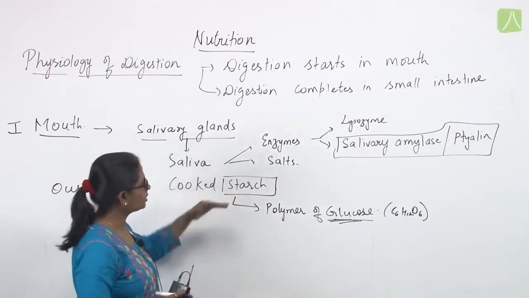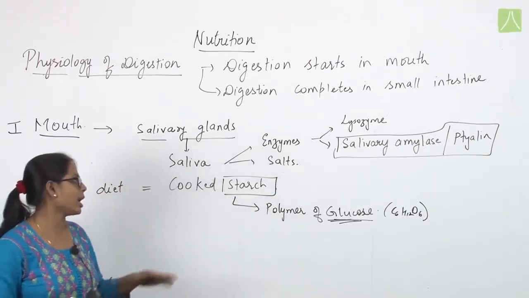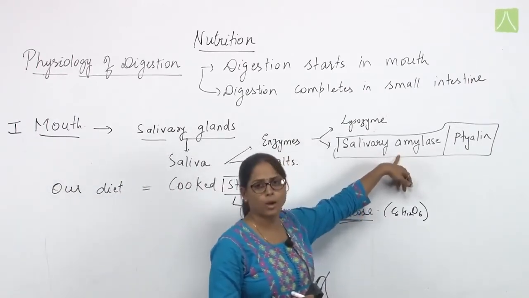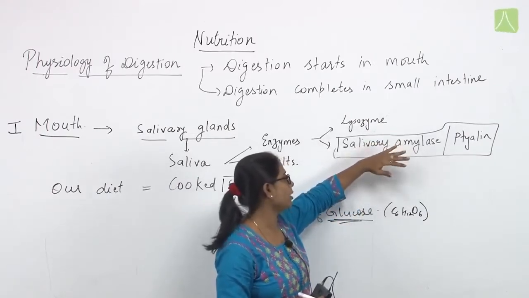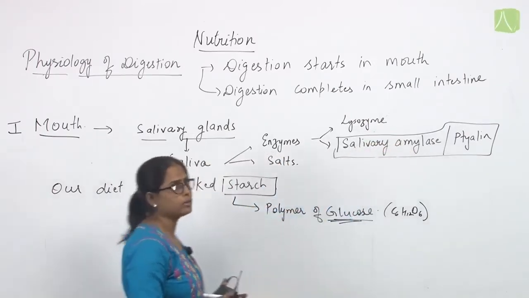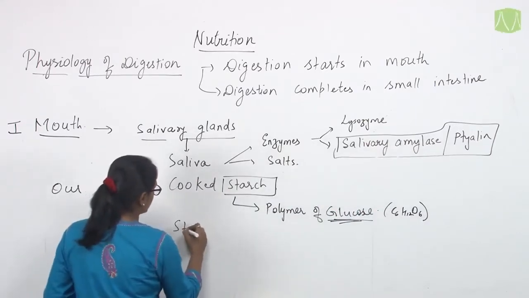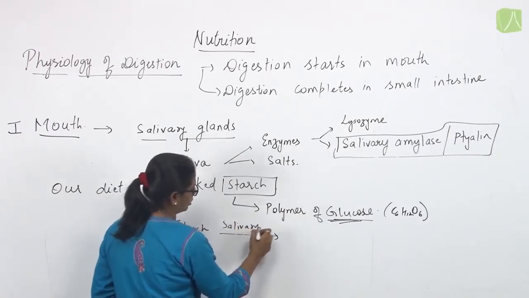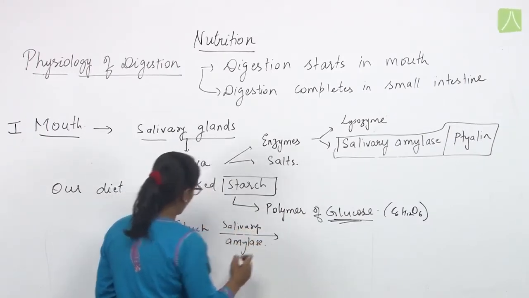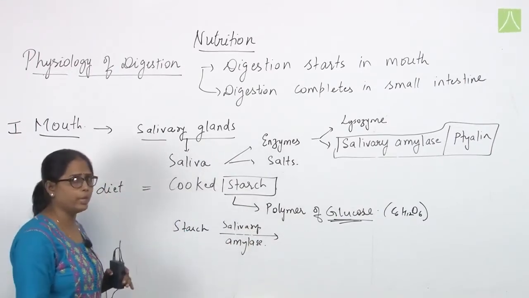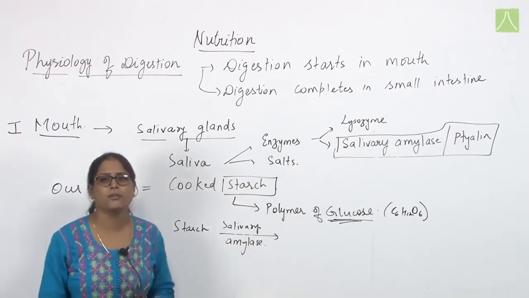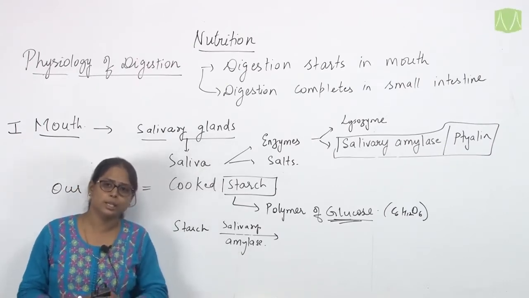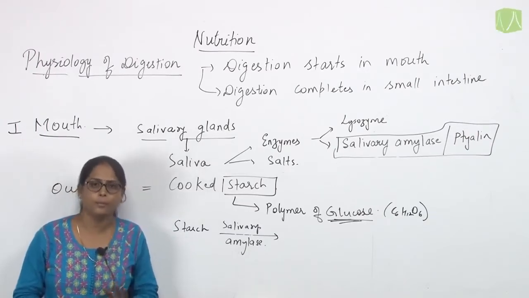Now, how does starch digestion take place? It starts in the mouth, and is acted upon by the enzyme salivary amylase. When salivary amylase acts on starch, it does not break it down completely, because starch has two main components, amylose and amylopectin, present in branched as well as unbranched form.